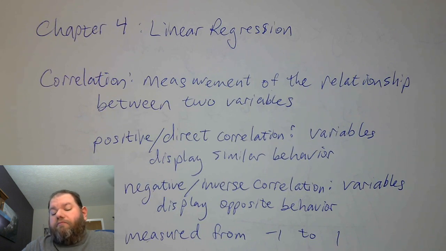And a correlation value of -1 means that they have a strong negative correlation, which means they have basically opposite behavior from each other.